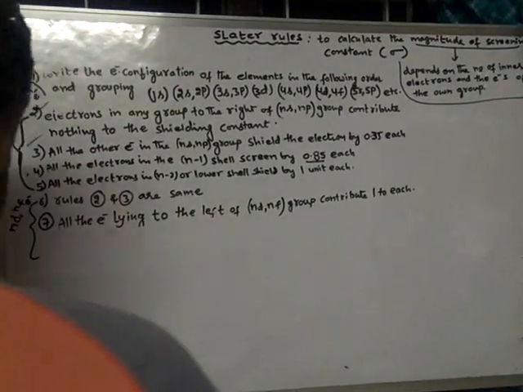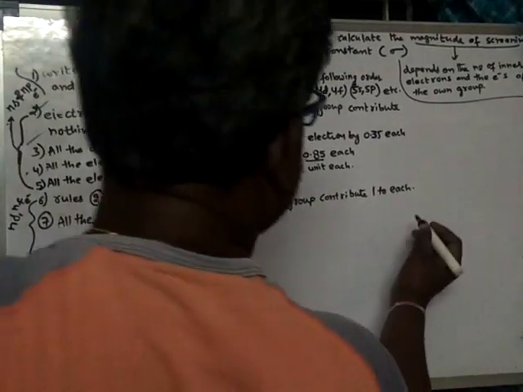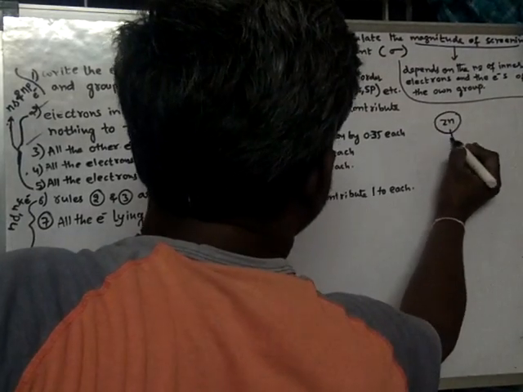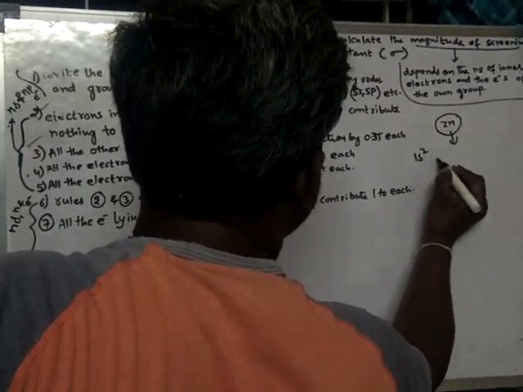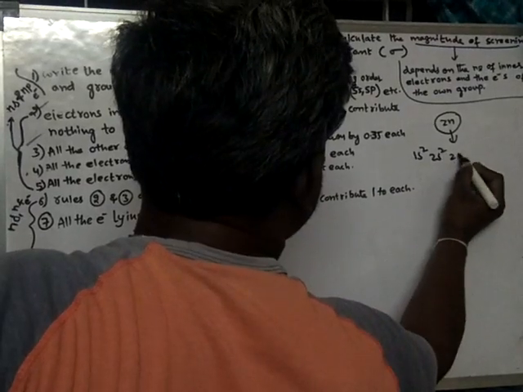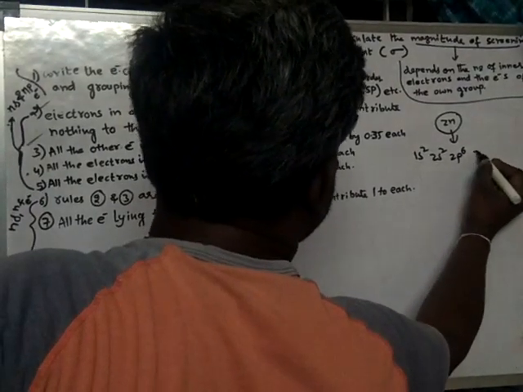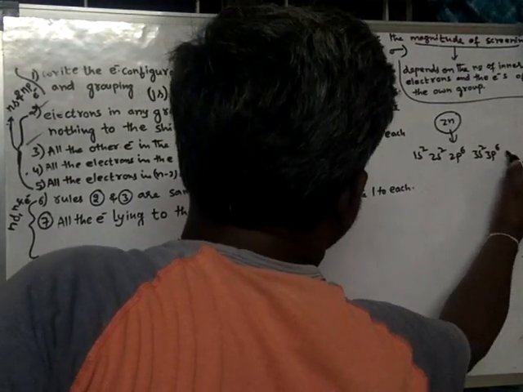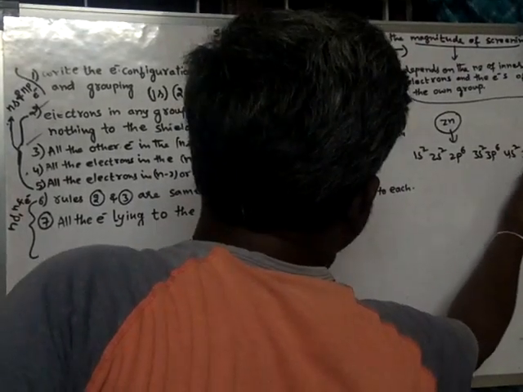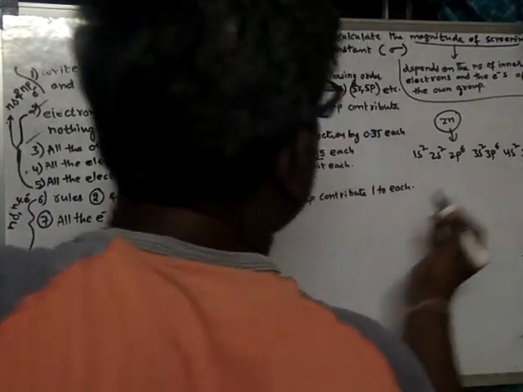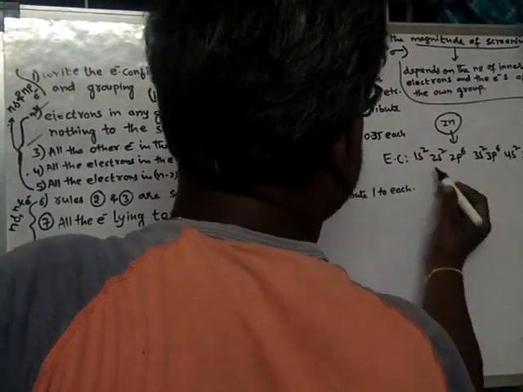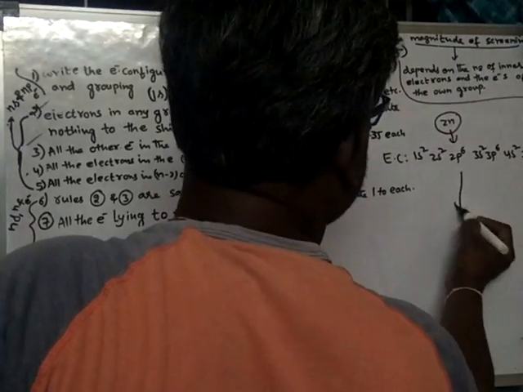Let us take the example of zinc. The configuration is 1s2, 2s2, 2p6, 3s2, 3p6, 4s2, 3d10. This is the electronic configuration, but we have to convert it into grouping.